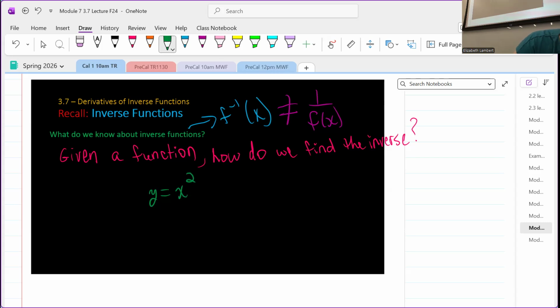So if I have the function y equals x squared plus 3, I want to know what the inverse function is. One of the things to remember about inverse functions is they undo a function.